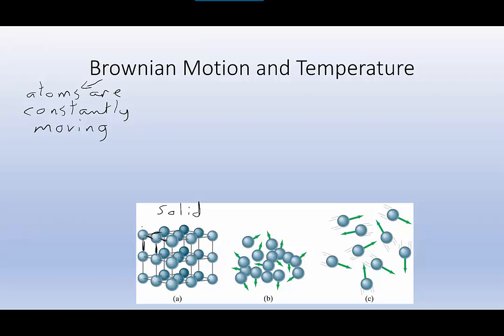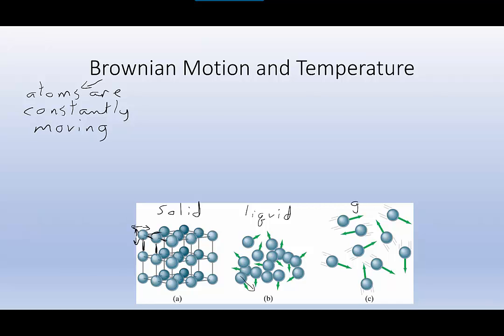However, they still vibrate back and forth, or up and down, or both, but they always remain that close bond. If they are in liquid form, their Brownian motion is much more chaotic because the molecules can slide past each other. They're still bonded together, but they're loosely bonded so they can slide past each other.